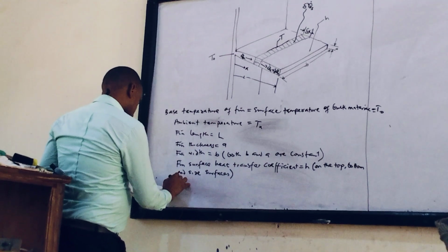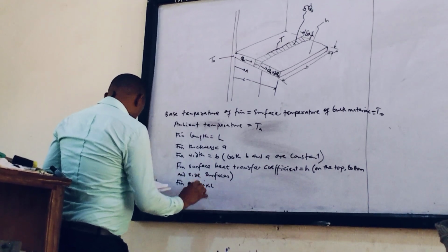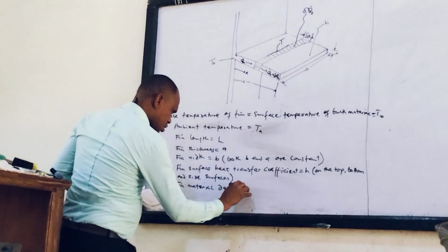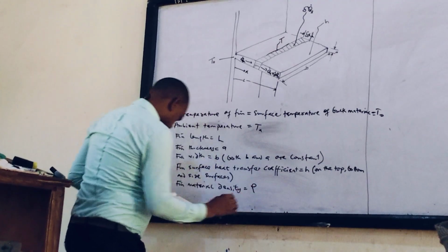Fin material. Fin material density. Of course, the material has weight, is equal to rho.